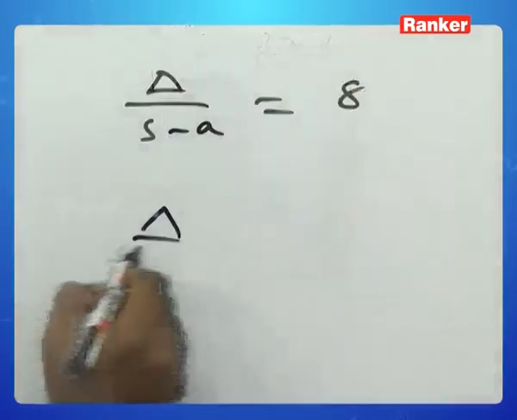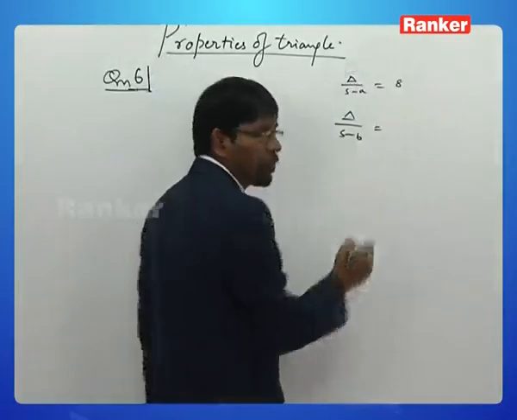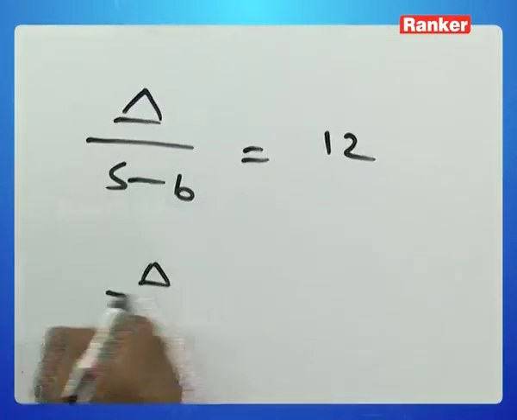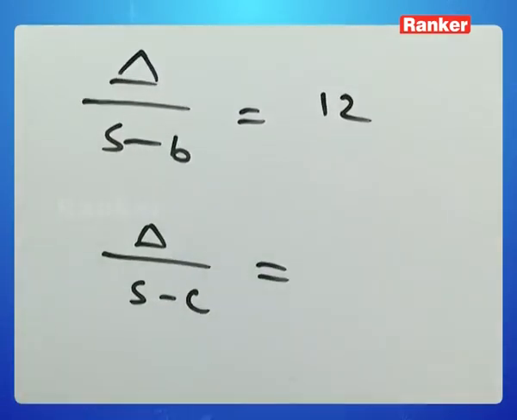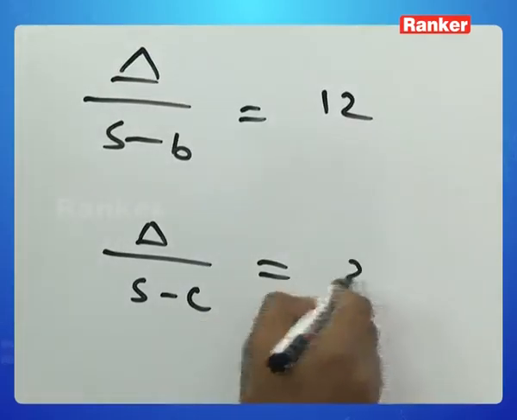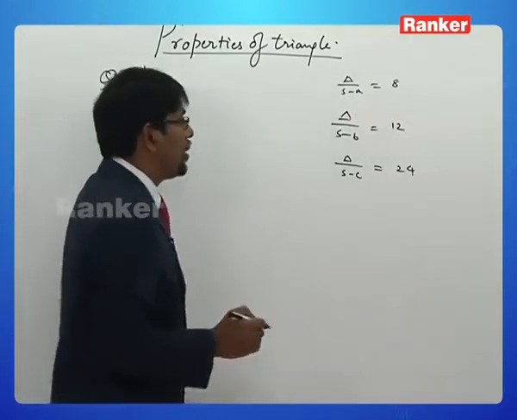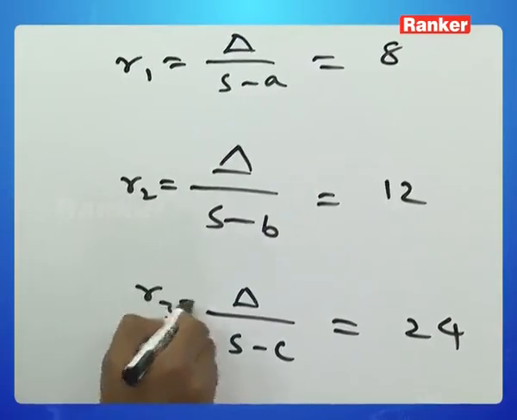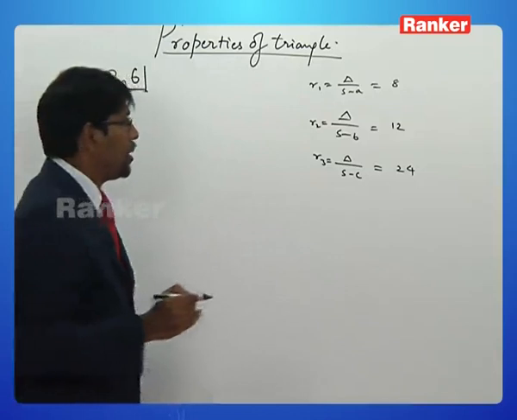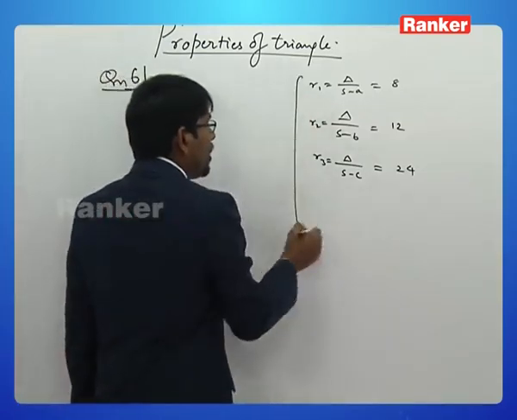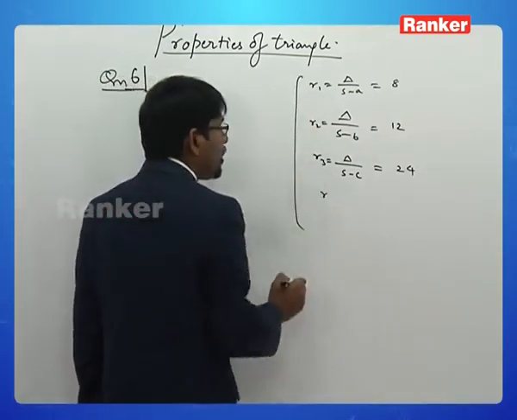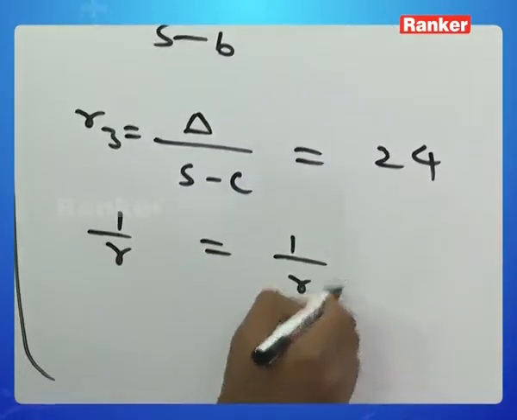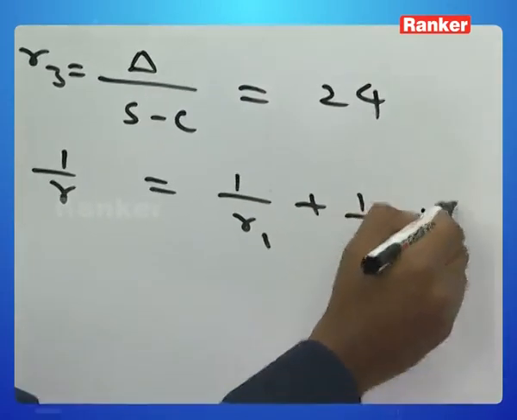Delta by s minus b is given to be 12. Delta by s minus c is given to be 24. So this is r1, r2, r3. Now we know that 1 by r is equal to 1 by r1 plus 1 by r2 plus 1 by r3.